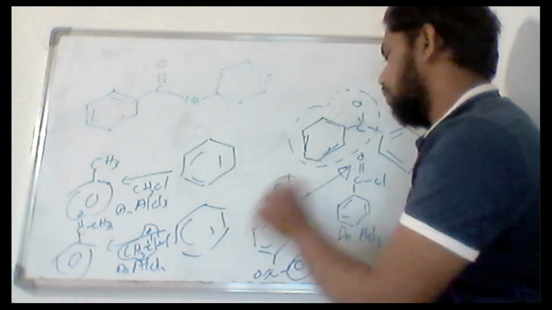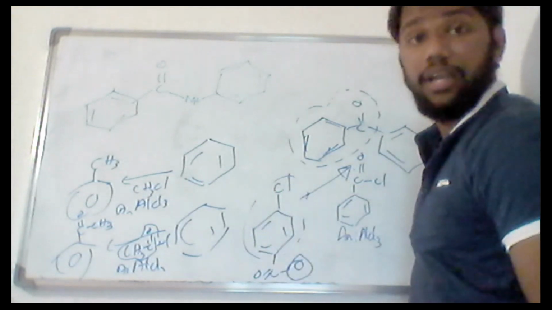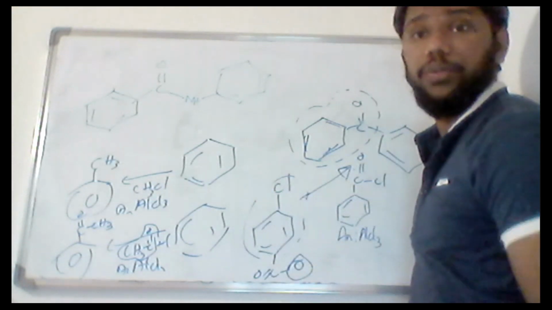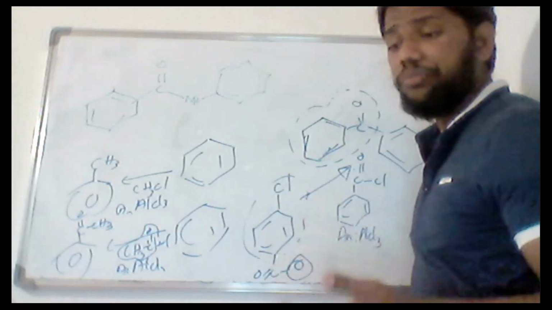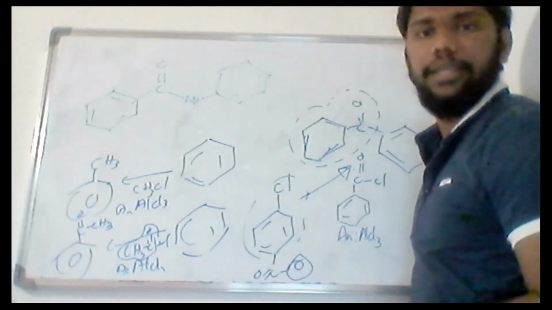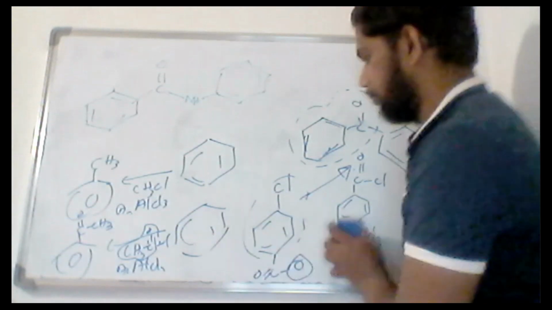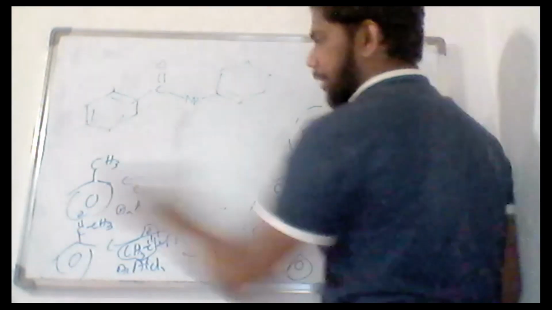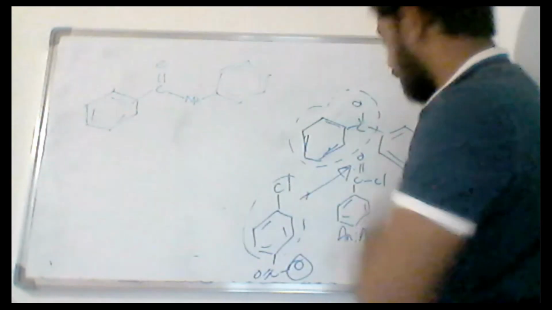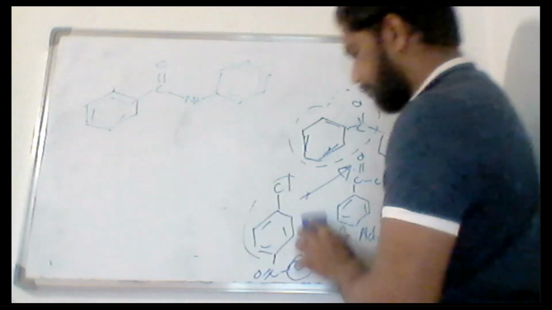Why here? Because chlorine is an ortho-para director and it will be added in the para position. That is the idea. Okay. I will erase this one here. And yeah, this will be our idea.